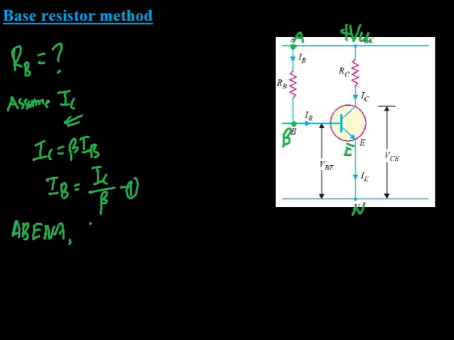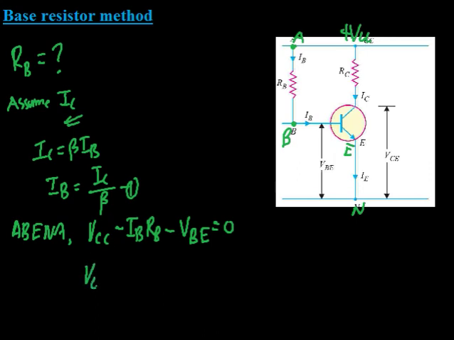If we apply Kirchhoff's voltage law, VCC minus IBRB, since the IB will flow downward, so we are moving in the same direction, so we will take this as negative, minus IBRB minus VBE is equal to 0.